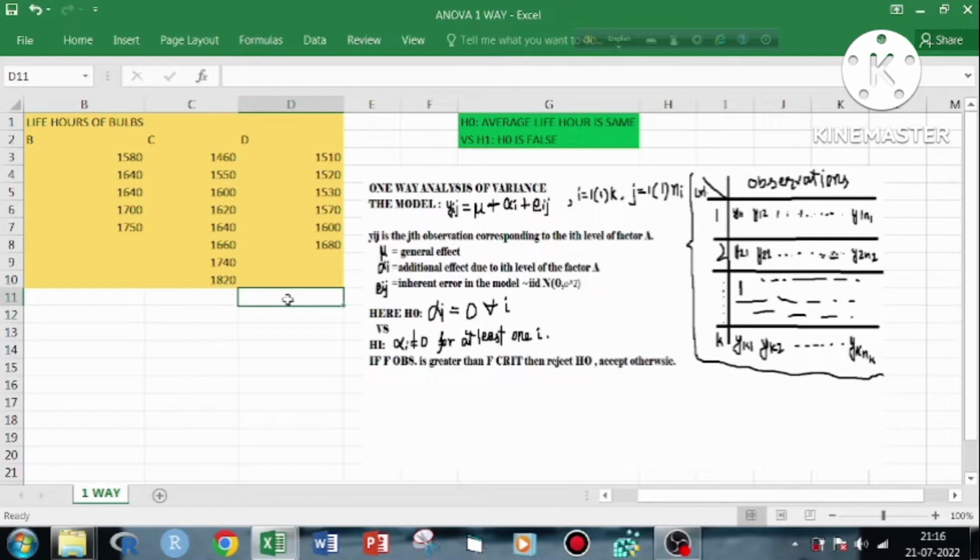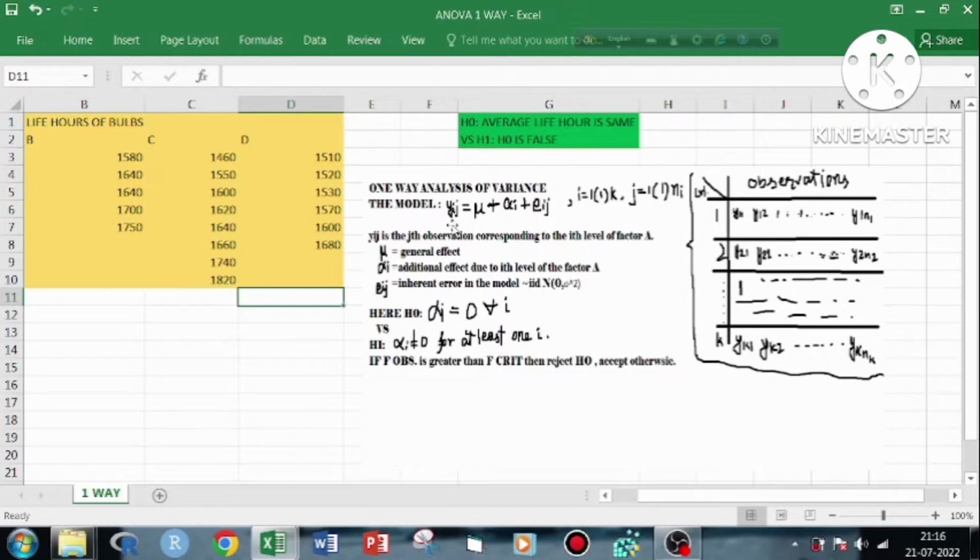Now what could be the additional effect which will be affecting his performance for the Indian team? Our response Yij is the performance at the international level for that player. What could be that additional effect? Yes, that additional effect could be the time he spends in the nets.